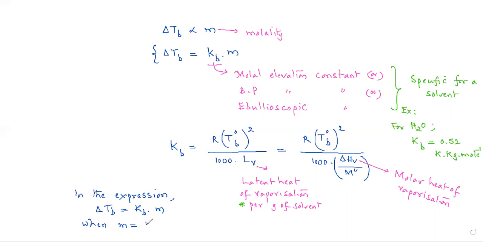When small m is equal to 1, I mean when molality of the solution is 1, that means when 1 mole of a solute is present in 1 kg of the solvent, then obviously delta TB becomes equal to KB.